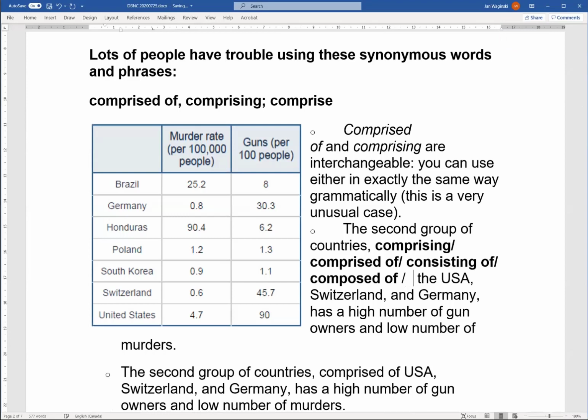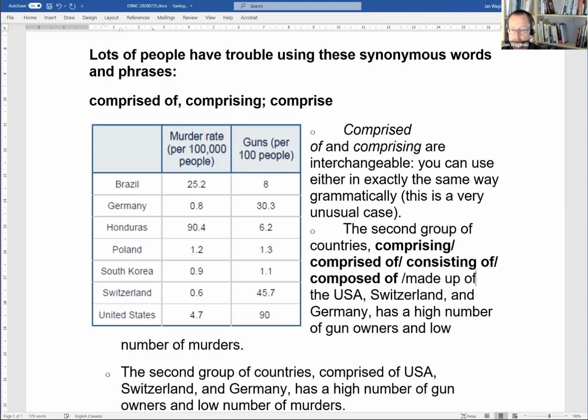Made up of, yes. You ought to put that of there too. Comprising, comprised of, consisting of, composed of, made up of.